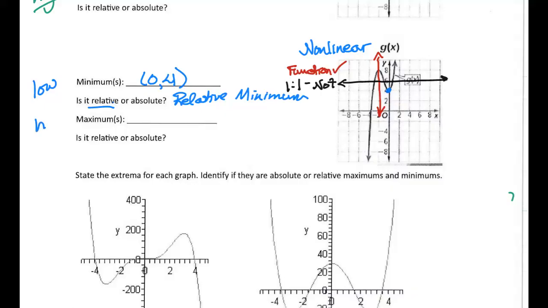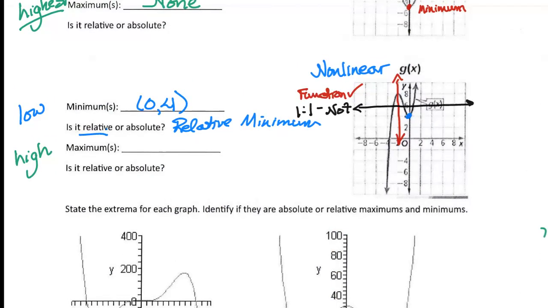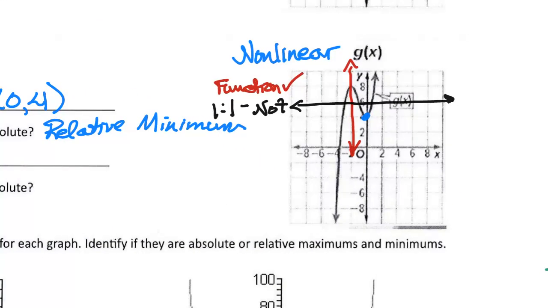Maximum. We're looking for high points. Could be the highest, could be just kind of a point that is up a little bit compared to the surroundings. Okay? Do you see any maximums? We've got one right here. Well, if I can keep my pen to write.